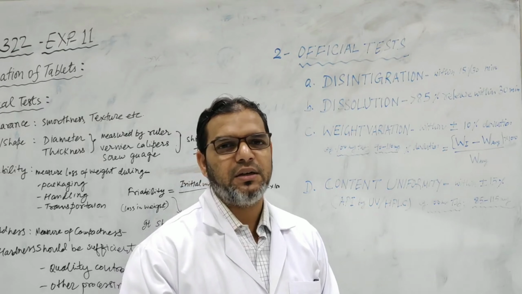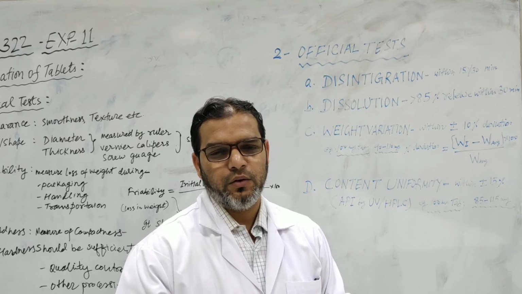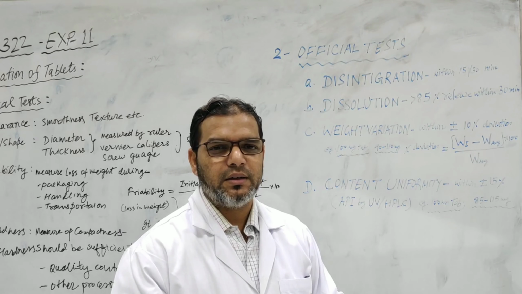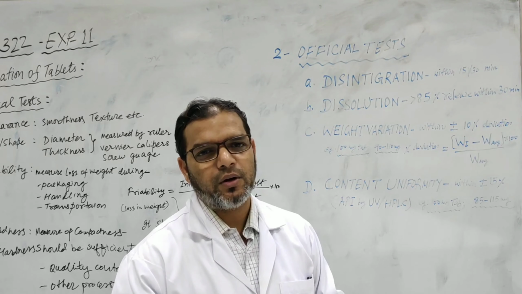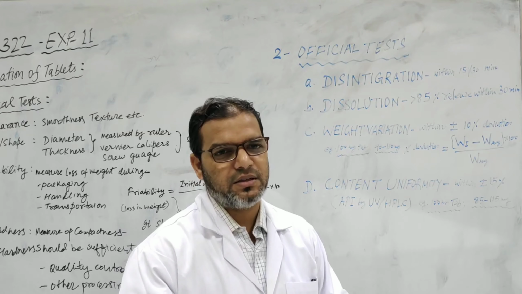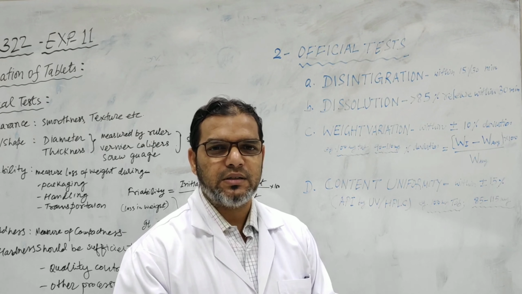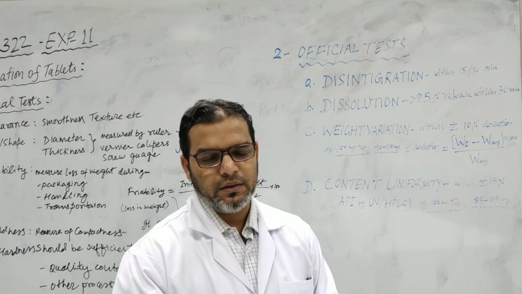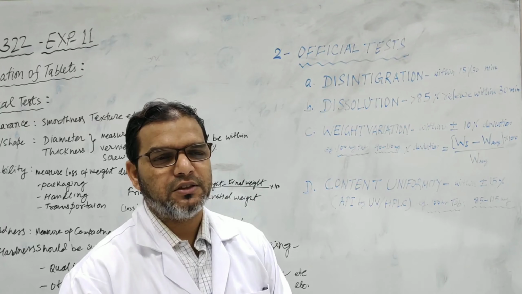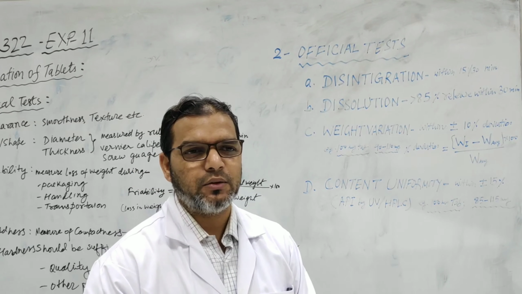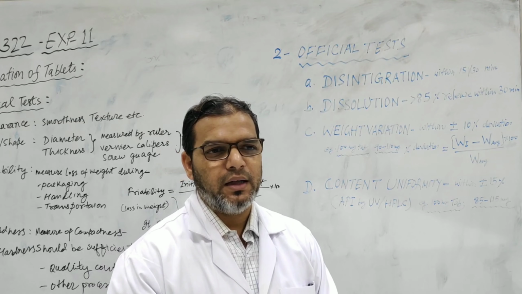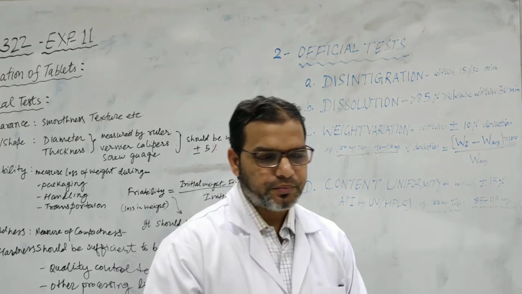You can say the weight is uniform. It should be 100, but even 90 milligram or 110 milligram, or any tablet within this range, you can say the weight is uniform. So this is the purpose of this test, that you want to make sure that the quality of the tablet is good and the weight is almost uniform.